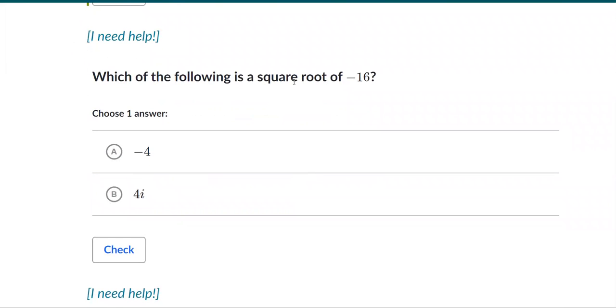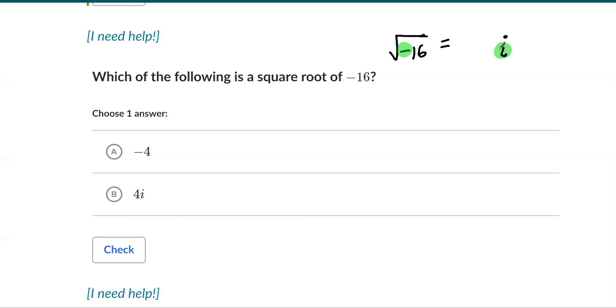Which of the following is a square root of -16? So if I take the square root of -16, here's another thing you just want to get used to. As soon as you see this negative underneath the square root, think of that as i, because this negative is like a -1.